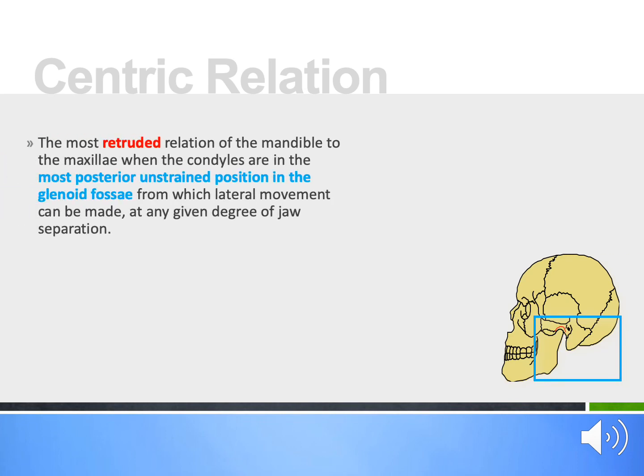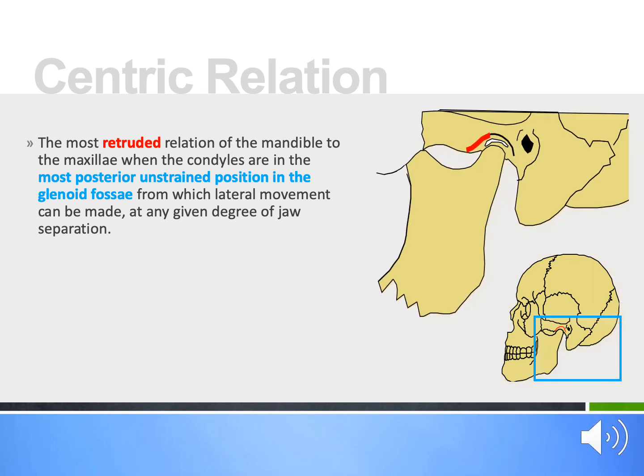Centric relation: the most retruded relation of the mandible to the maxilla, when the condyles are in the most posterior unstrained position in the glenoid fossa, from which lateral movement can be made at any given degree of jaw separation. The most retruded is a very critical phrase, because the most retruded position clinically is not an unstrained position.